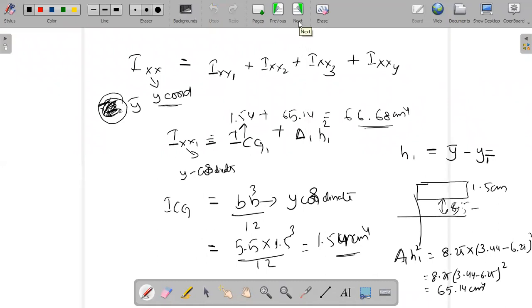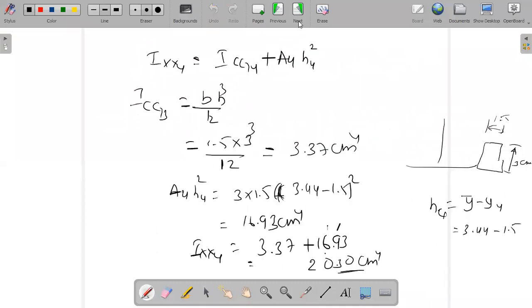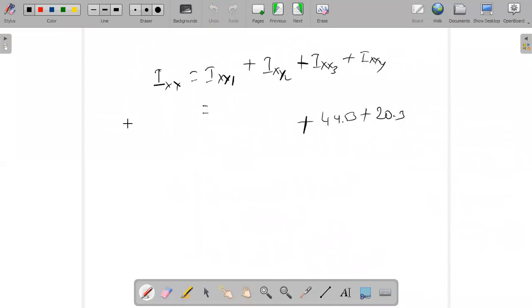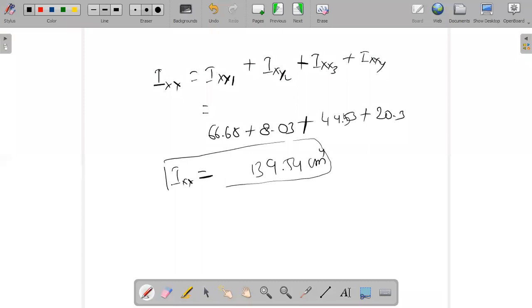Ixx1 is 66.68 plus 8.03. So simply add them, whatever answer you are going to get, that is the solution. This is 44.53, this is 20.3. Now tell me what is the answer. This is 139.54 centimeter to the power of 4. In this way, you have to solve the question. That's it. No need to bother about this question. Completed.